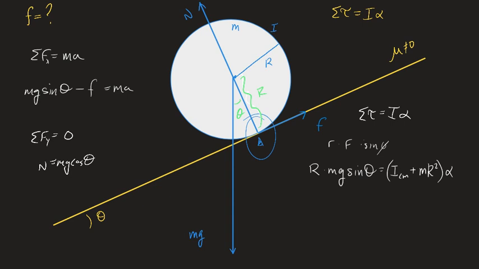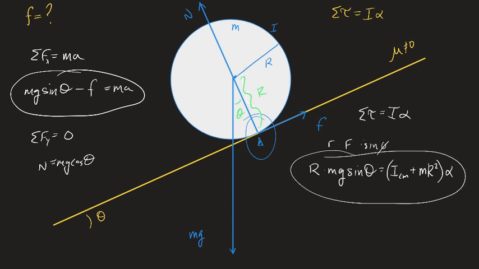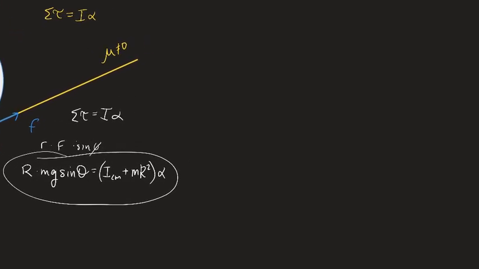All right. Now, we're going to be close on time, so let's get to this last piece. I want to bring this and this together to solve for friction. I want friction by itself. So the only way to do that is to eliminate acceleration. So I'm just going to pull this off to the side and have mg sine theta minus friction equals ma.